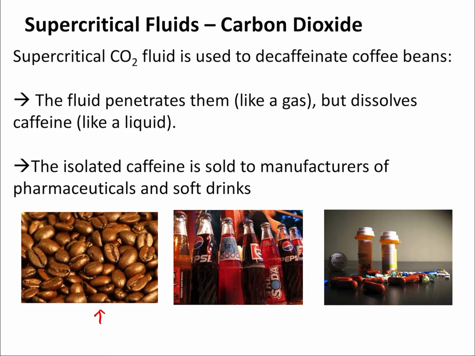If you take coffee beans and expose them to high pressures and temperatures of CO2, the caffeine and some other flavor compounds will dissolve out of the beans and go into the supercritical fluid. Then simply by releasing the pressure, the supercritical fluid will go back into gas phase CO2.